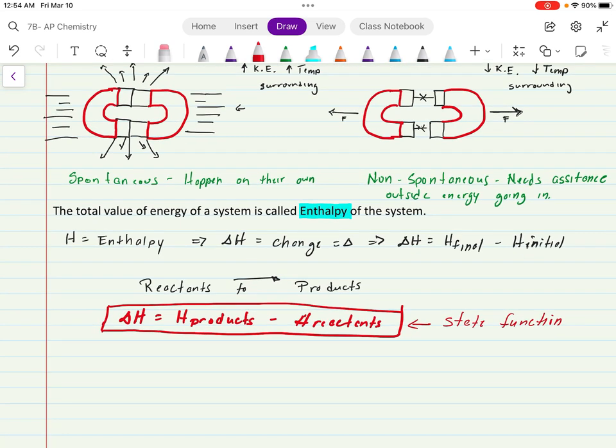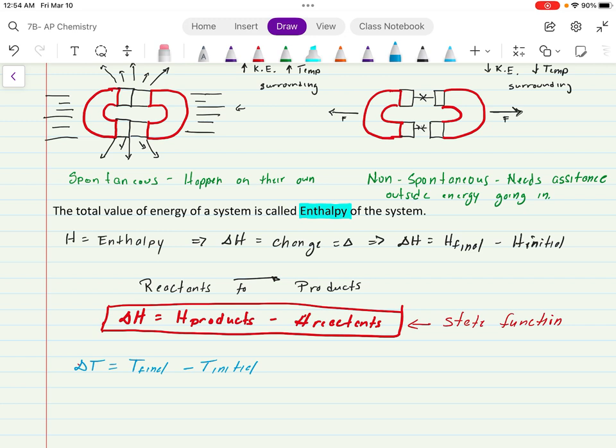So just like temperature is a state function, temperature final minus temperature initial, all right? Enthalpy can be measured exactly the same way. And the change of enthalpy is going to be the reactants minus the products. So it's an absolute value that has to do with the changes in the system at that moment. Everything else is irrelevant, okay?